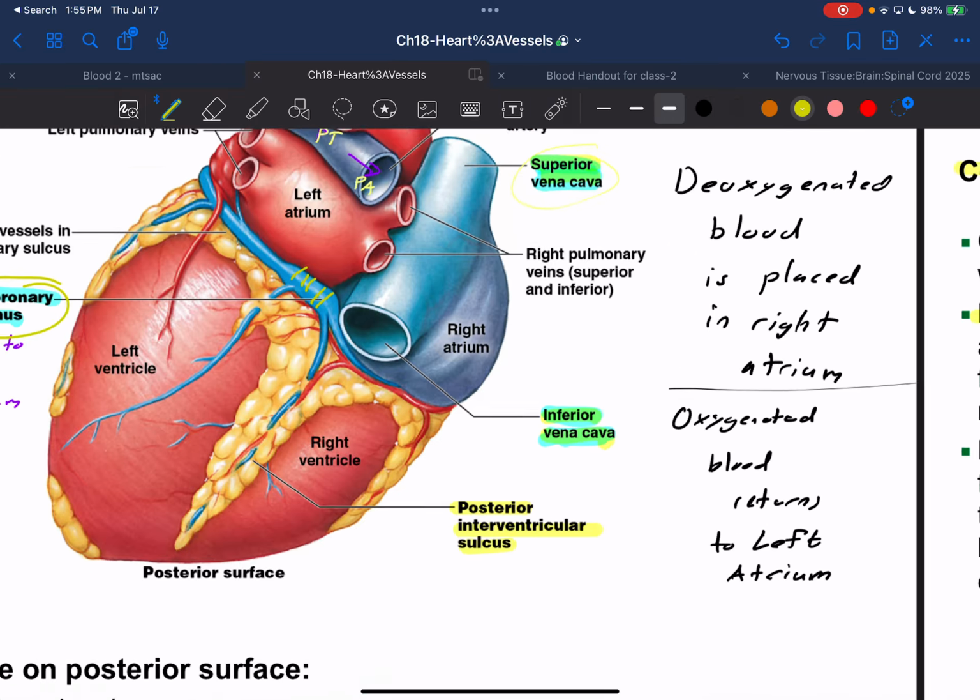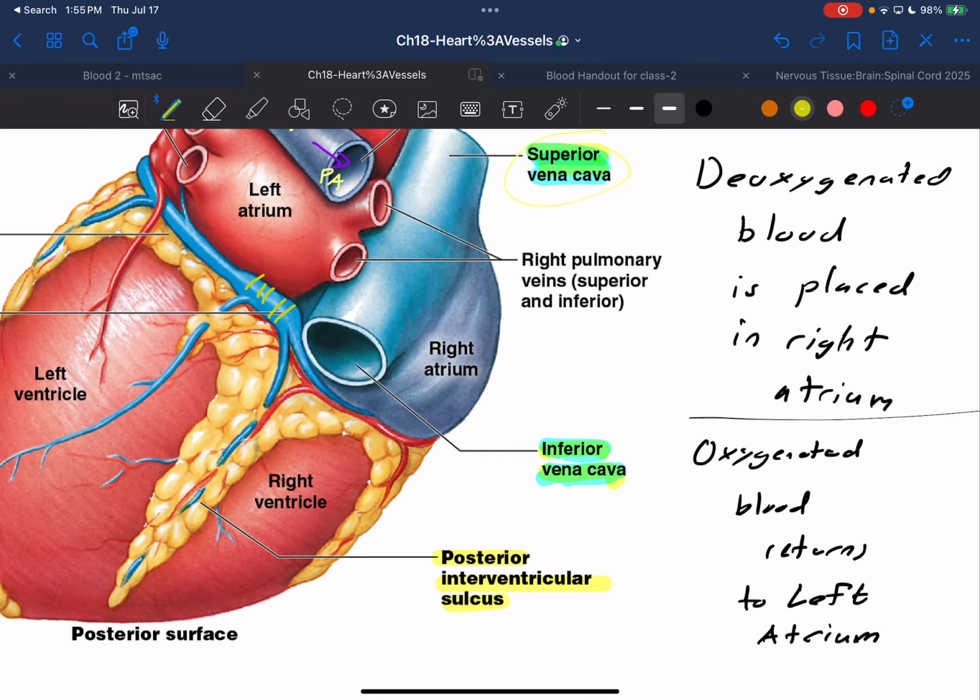One of the major take-homes we want to start with here is that deoxygenated blood is always placed in the right atrium. Big take-home. If the right atrium is a dumping site for blood that's used up its oxygen, it's deoxygenated.